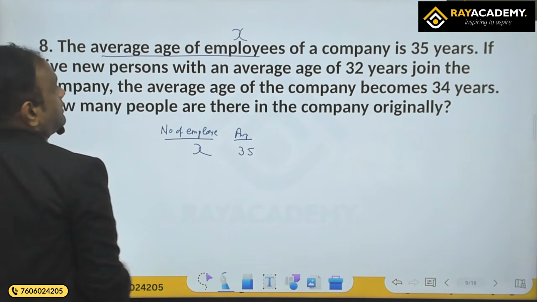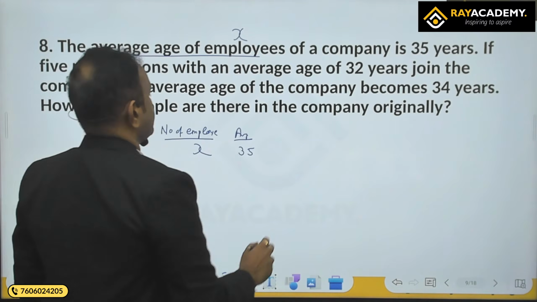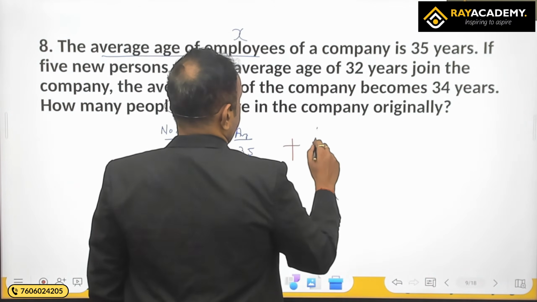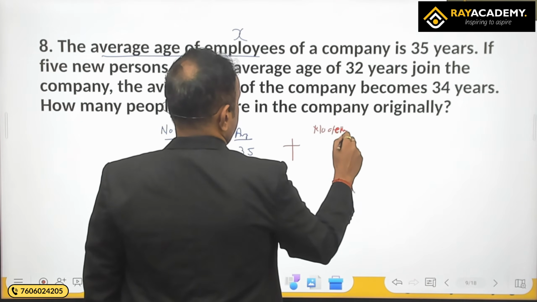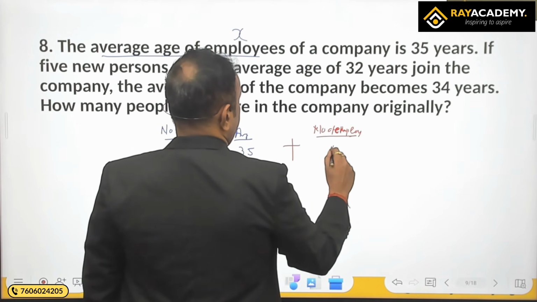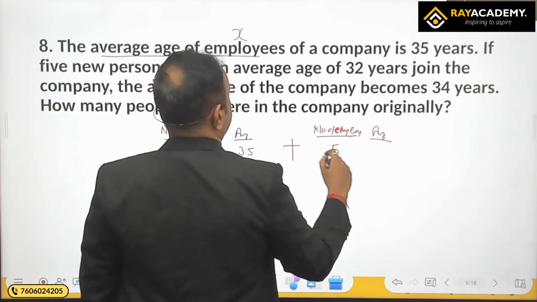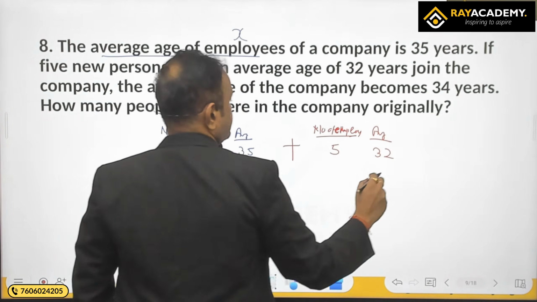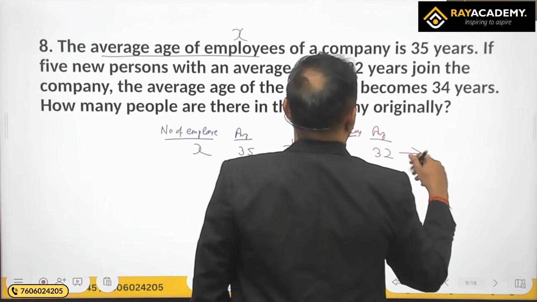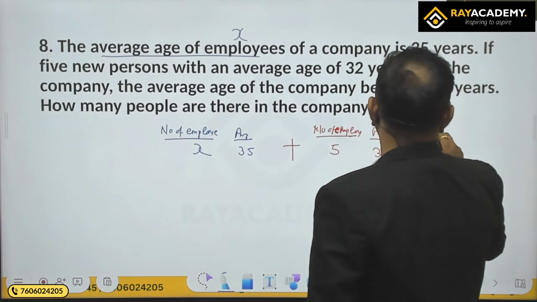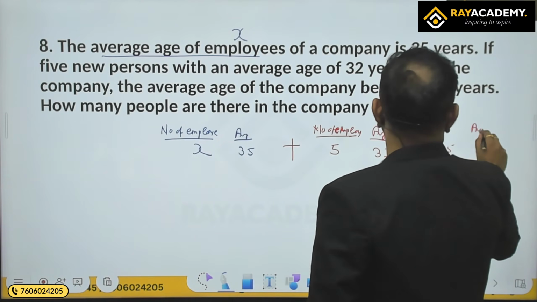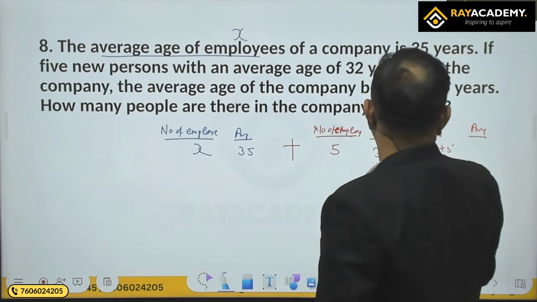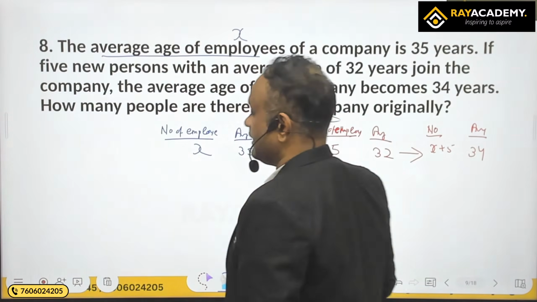Then 5 new employees join, with average 32. After joining, the new number of employees is x plus 5 and the new average is 34 years.